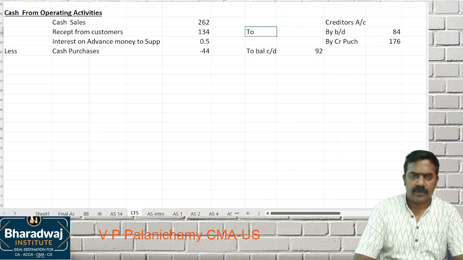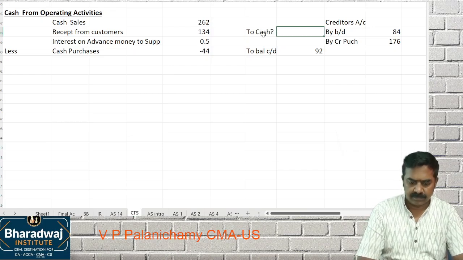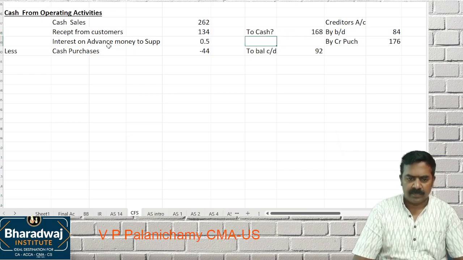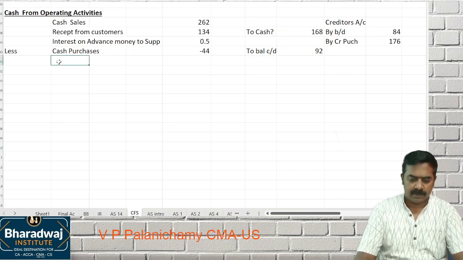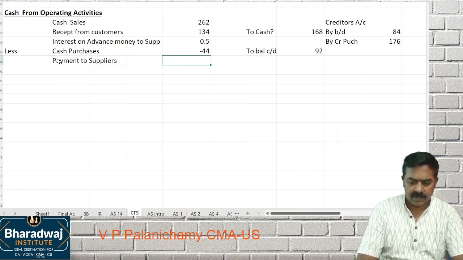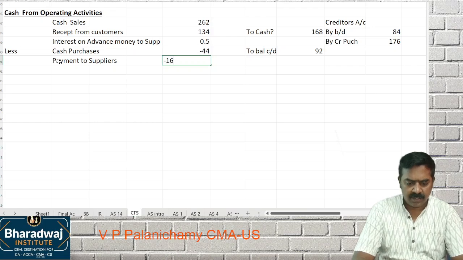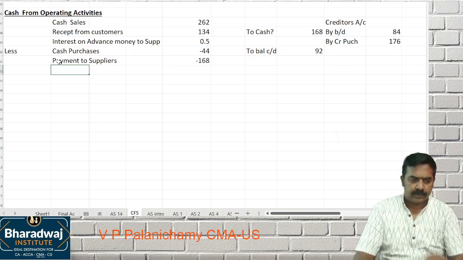The balancing figure will be the cash paid to them. 168 paid to them. Then that will come as which one? Payment to suppliers. What is the payment to suppliers, or creditors? 168. Then what else will come?